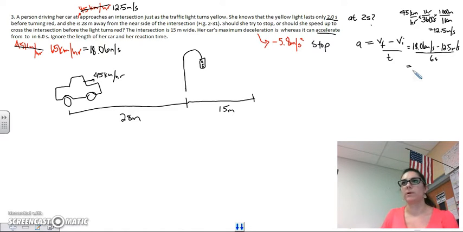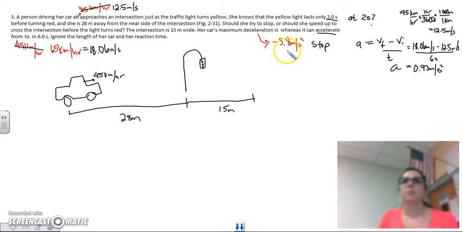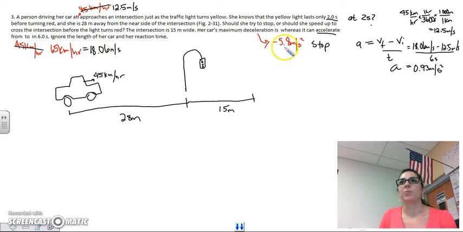I'm going to round that up. Meters per second squared. So already you can see that when speeding up versus slowing down, the acceleration is much smaller when speeding up than when slowing down. So I'm going to solve both of them with the different accelerations just to show you where this will go.